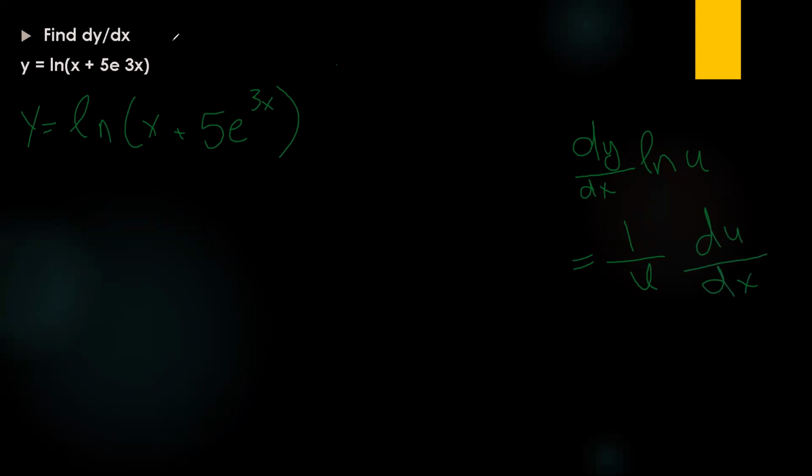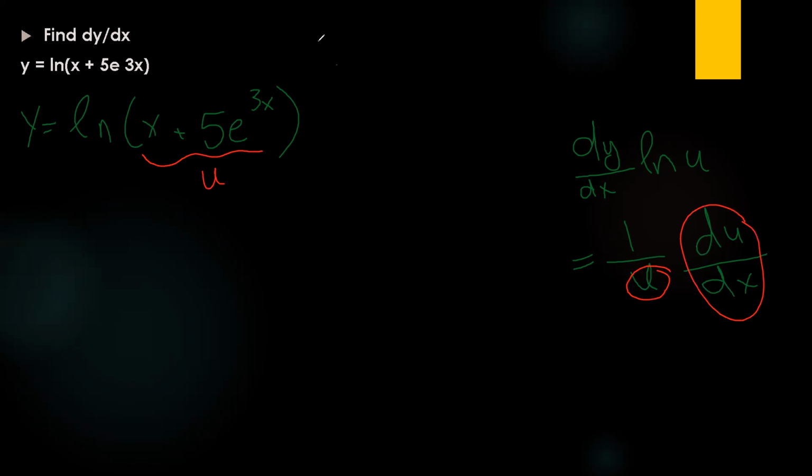Now, Hannah, the integration of 1 over u is ln of the absolute value of u, but the derivative of ln u is 1 over u times du over dx. First I have to assume u. This is u. So I need to find u and du over dx.